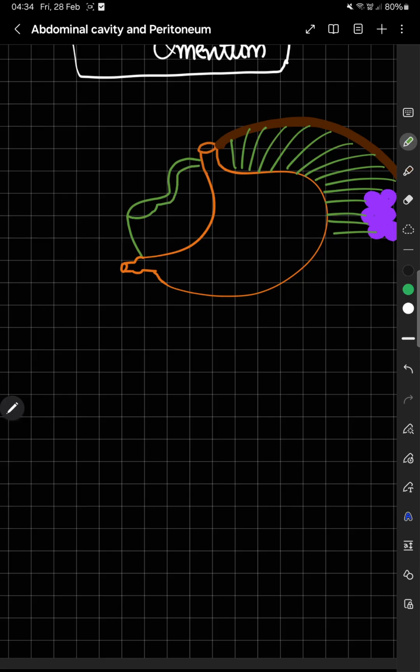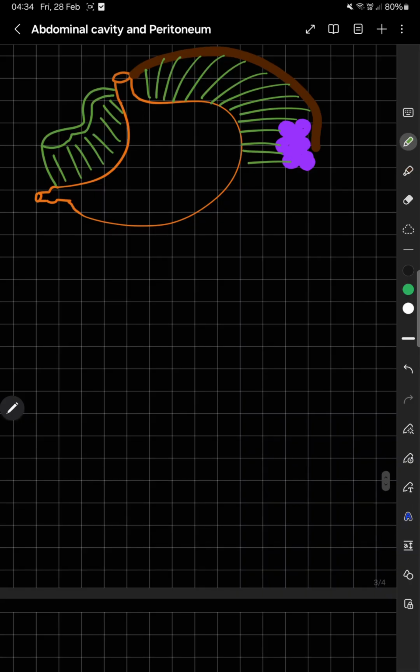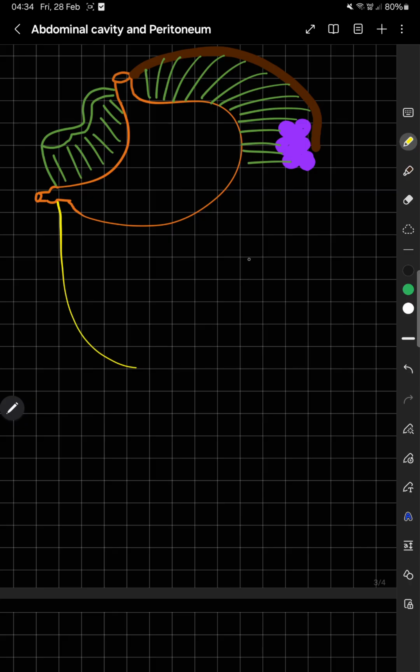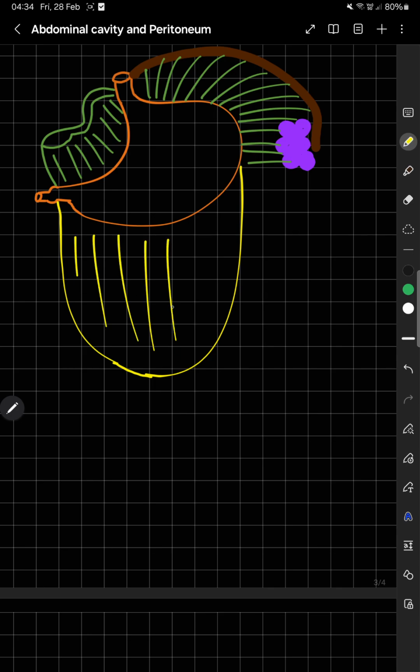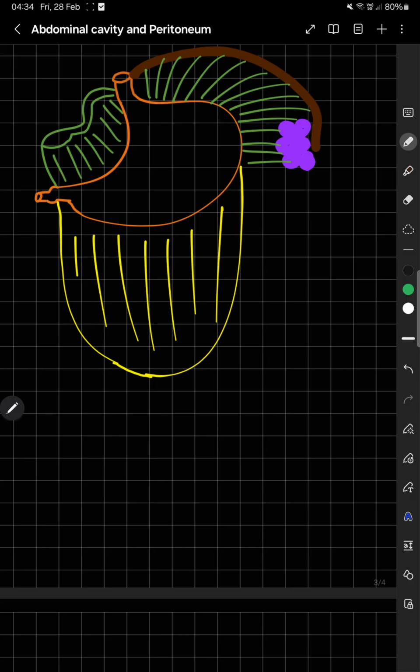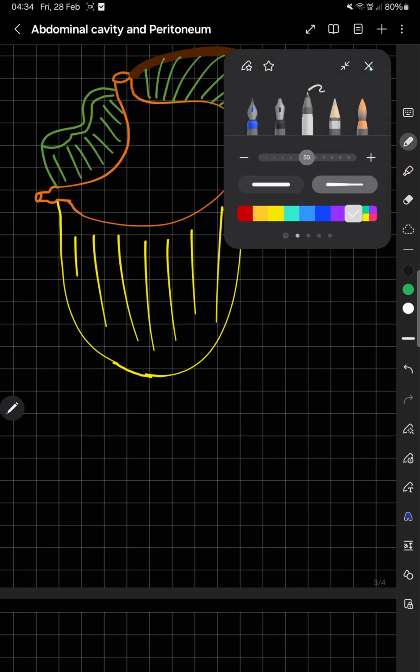So here also we have a ligament formation, and after that we have our greater sac that comes down. And then we have some spots over here apparently.